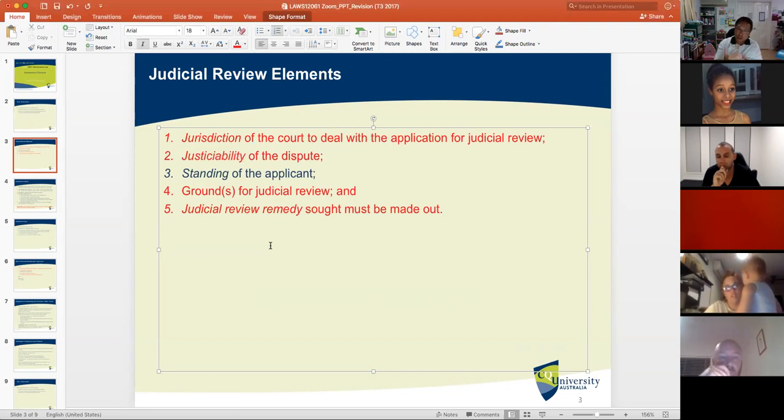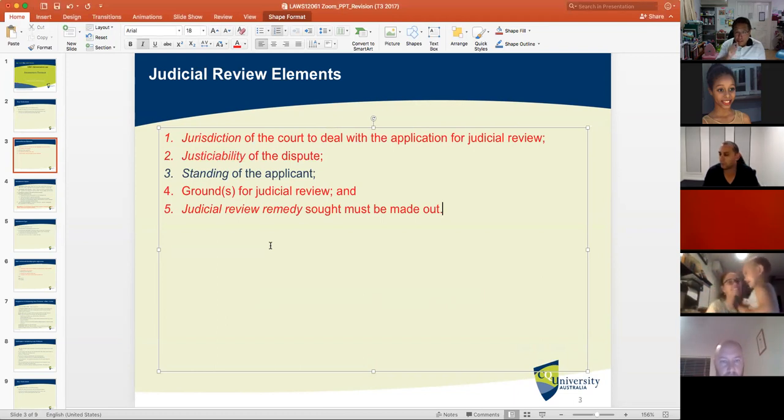The second statutory basis for the jurisdiction of the court relates to Section 39B of the Judiciary Act of 1903 Commonwealth. But let me go back to the ADJR Act. The crucial point about the ADJR Act is that the Federal Circuit Court, or the Federal Court of Australia, will only have jurisdiction over an application for judicial review if an administrative decision is made under an enactment.